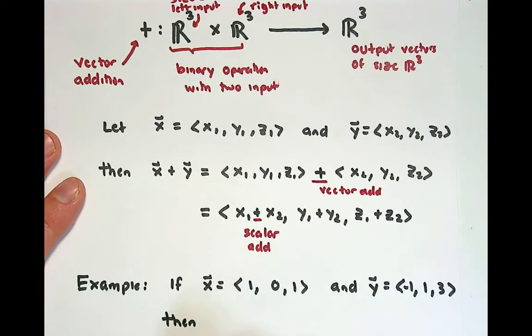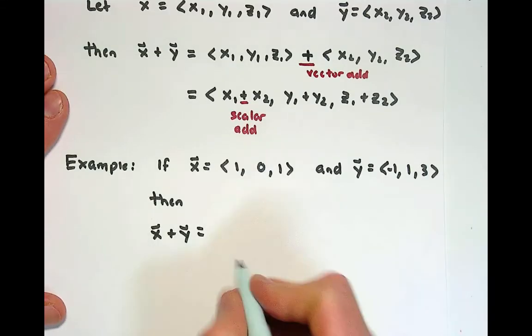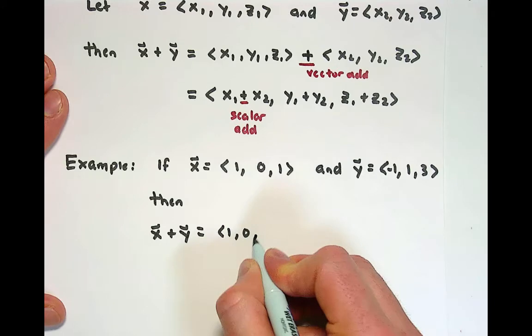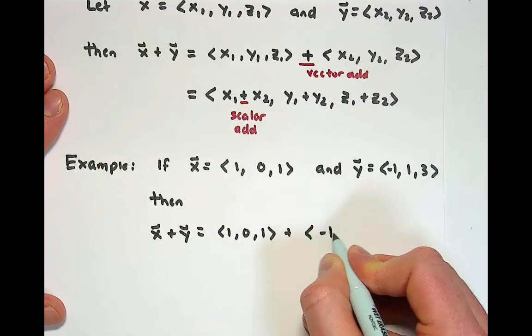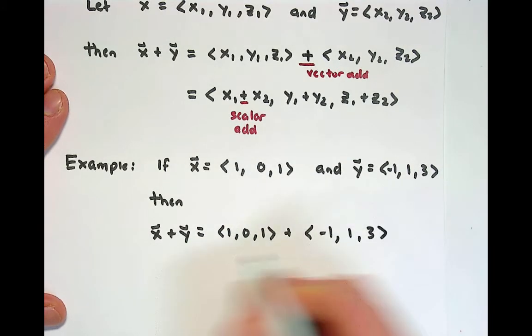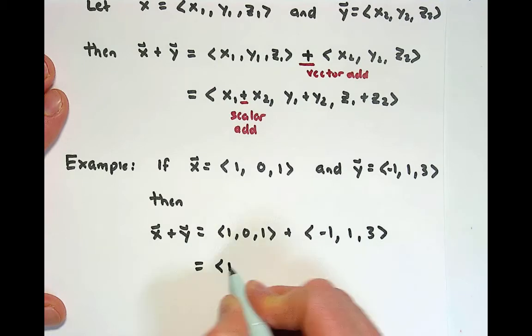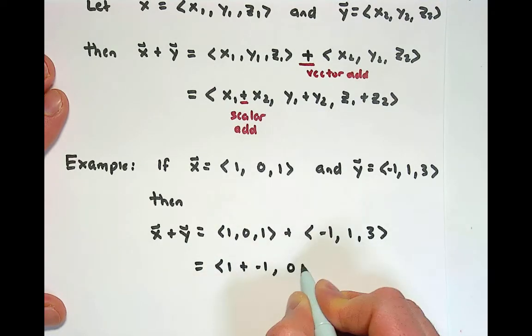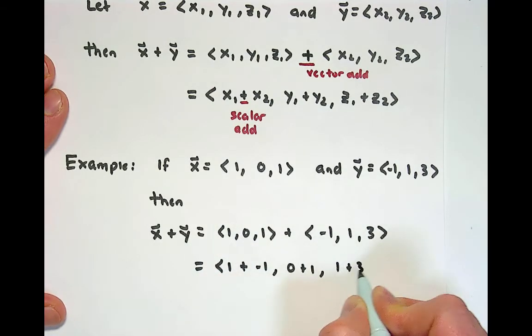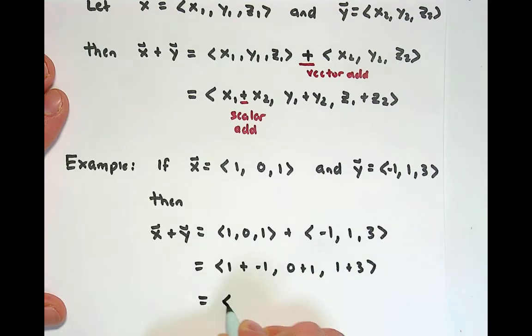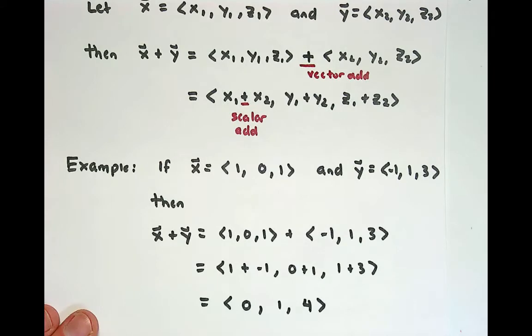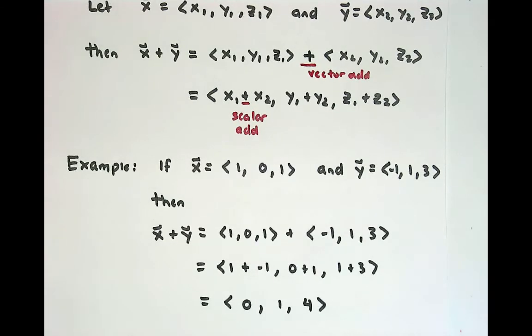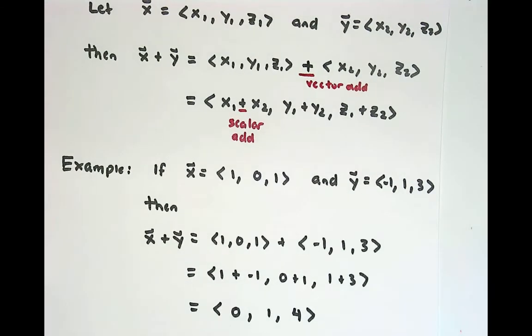If we want to add x and y, we literally just add the components. 1 plus -1, 0 plus 1, 1 plus 3, and we get 0, 1, 4. That's the operation of vector addition.